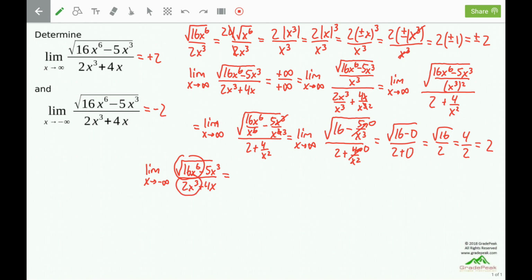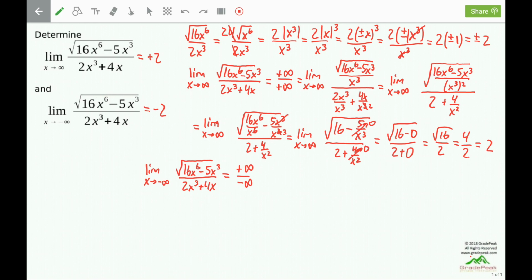In the numerator, negative infinity to the 6th power will be positive infinity times 16, which will be positive infinity, and the square root of positive infinity is positive infinity. In the denominator, negative infinity cubed will be negative infinity times 2, which will be negative infinity. The result is positive infinity divided by negative infinity. We have the infinity over infinity indeterminate form here. We will need to rework this.